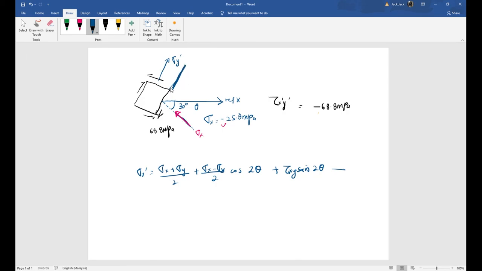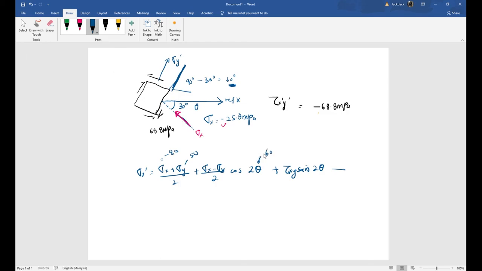The value of this theta is equal to 90 degrees minus 30 degrees, which is equal to 60 degrees. So we use this angle in our x-axis equation. We substitute the values: sigma x is equal to minus 80, and sigma y is equal to 50, but the theta here is 60 degrees.